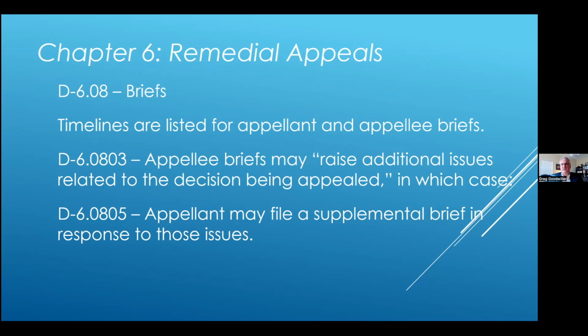In which case, the appellant then has another timeline where they can submit a supplemental brief in response to those additional issues. But you have questions about that? This is new. It's never been used, because it's brand new, but hopefully it solves that dilemma of having to deal with two cases at once.